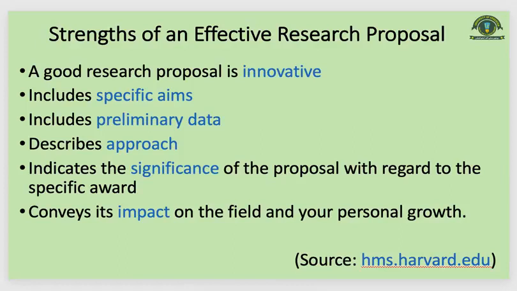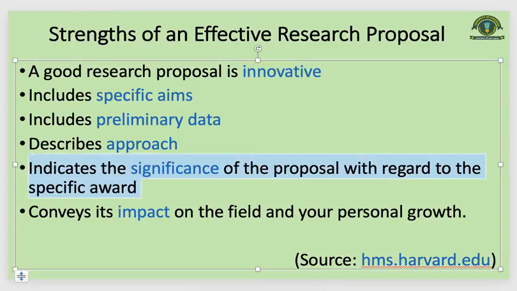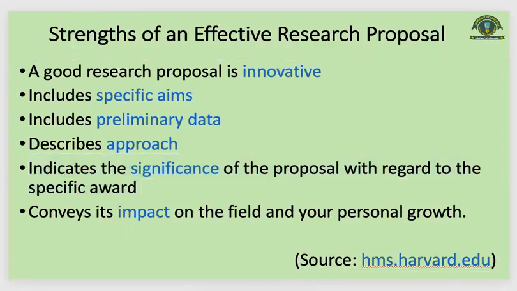So, for example, if the funding has been announced for some groundbreaking work on the treatment for COVID-19, and you're submitting a research proposal on the significance of some medicine to be treated on animals, that would not relate your research to the funding award that they have announced. So, your research needs to align very concisely with the aim and with the objective of that particular funding that you're applying for.